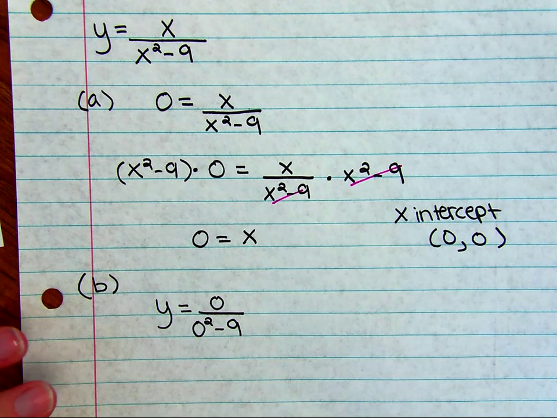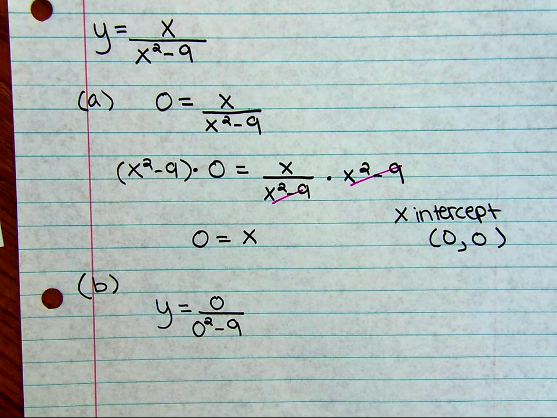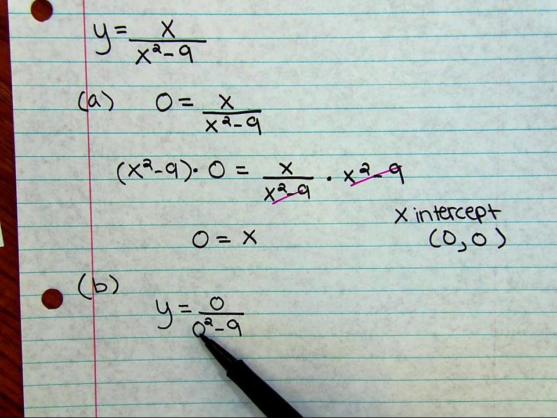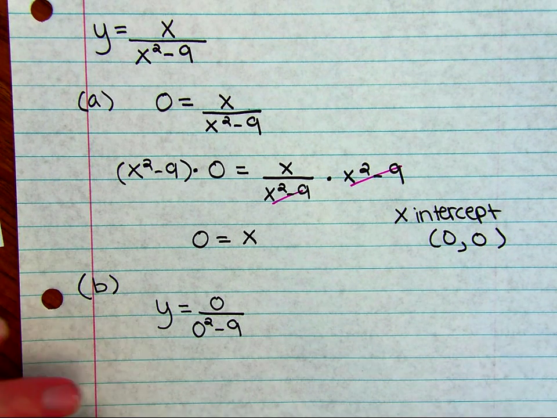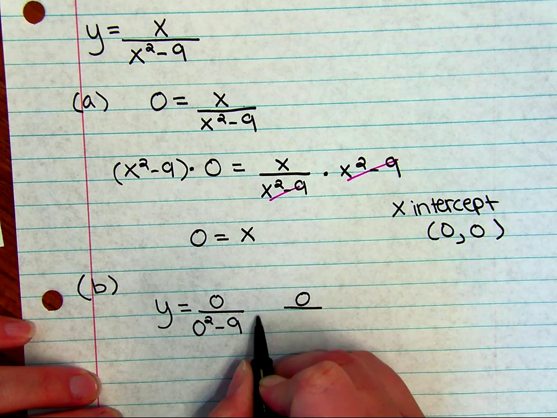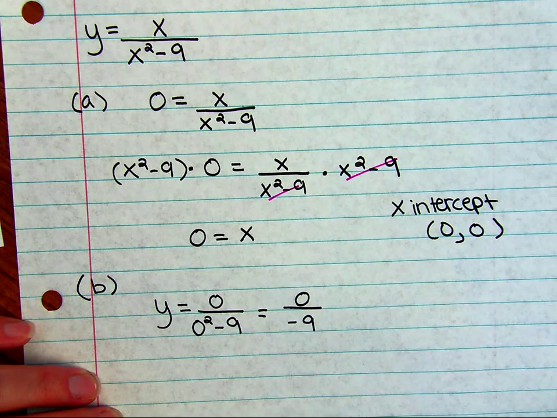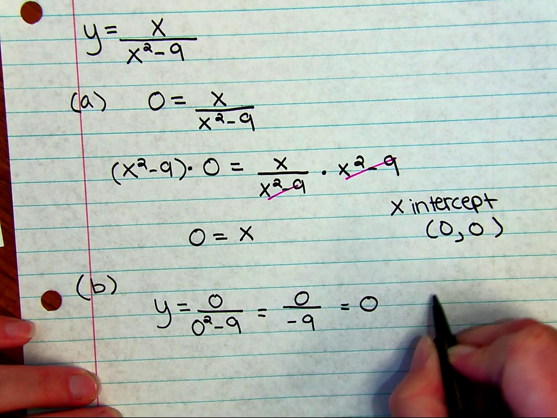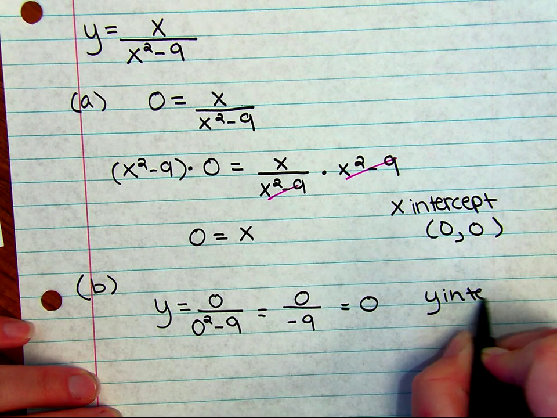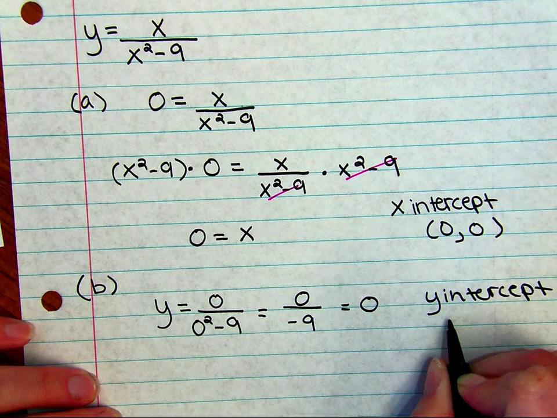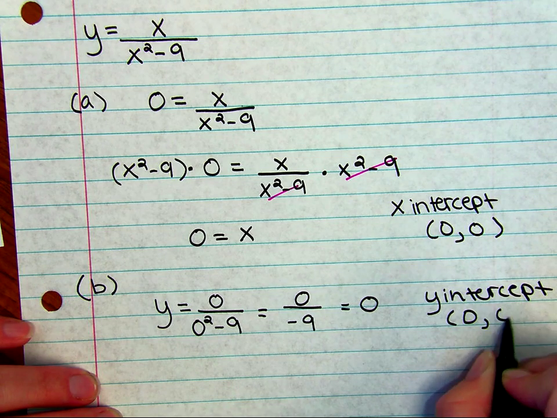So I go ahead and do all this. 0 divided by 0 squared minus 9. So I've got 0 divided by negative 9, which is 0. So my y-intercept is also 0, 0.